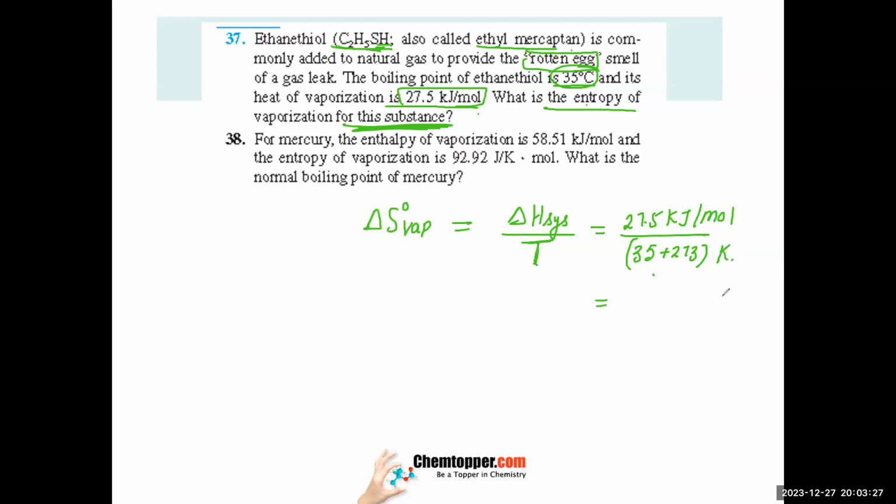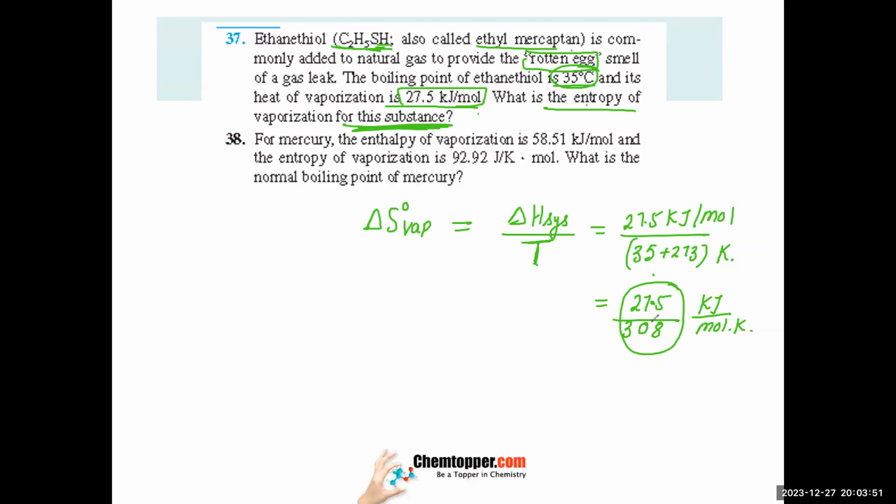So the answer will be in kilojoules per mole Kelvin. And the answer will have 3 significant figures, right? 27.5 divided by 308.